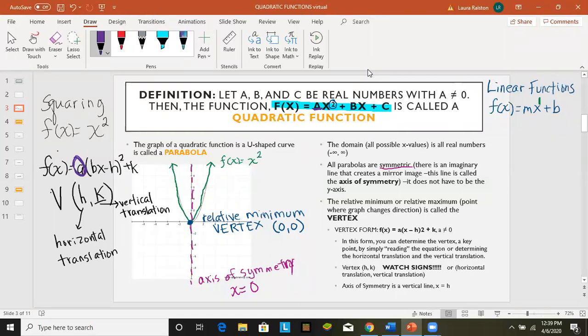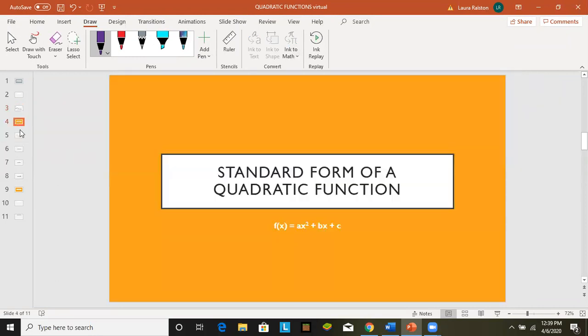And the downside to this format of f of x equals ax squared plus bx plus c is you really can only tell me about two things. And I believe I have that on the next slide. So I'm going to scroll to the next slide. That format, that f of x equals ax squared plus bx plus c, is called the standard form of a quadratic function, okay?